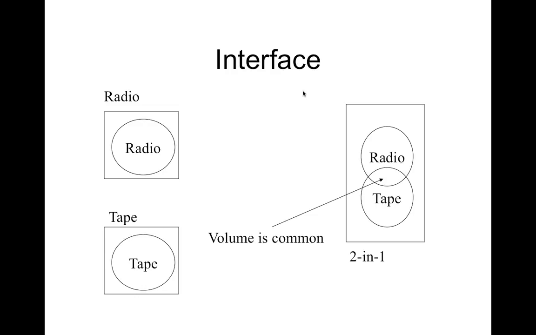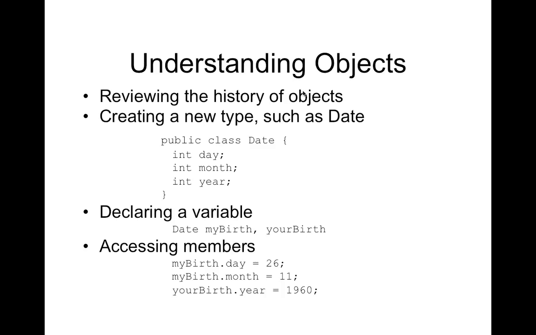Fine. So understanding objects, reviewing the history of objects. Creating a new type such as date. For example, public class date with int day, month, and year. Declaring a variable, you can have the class and separate the variables like this.